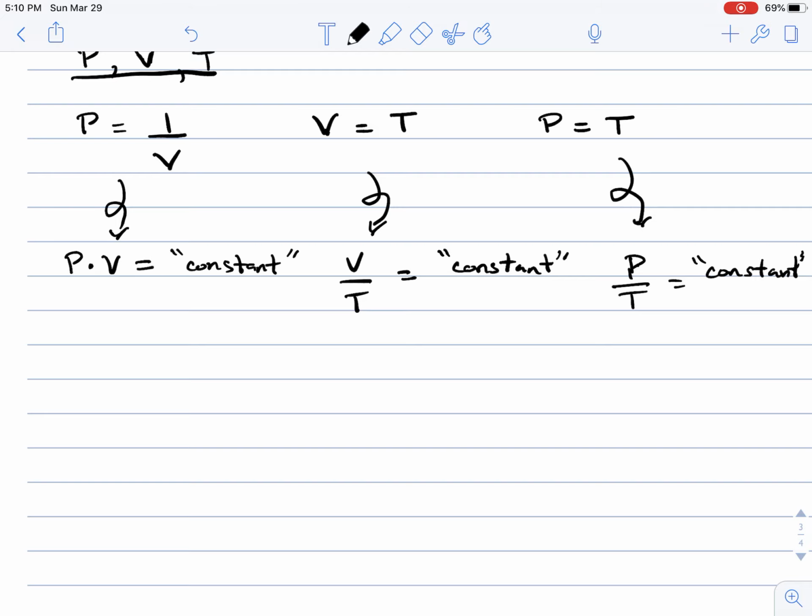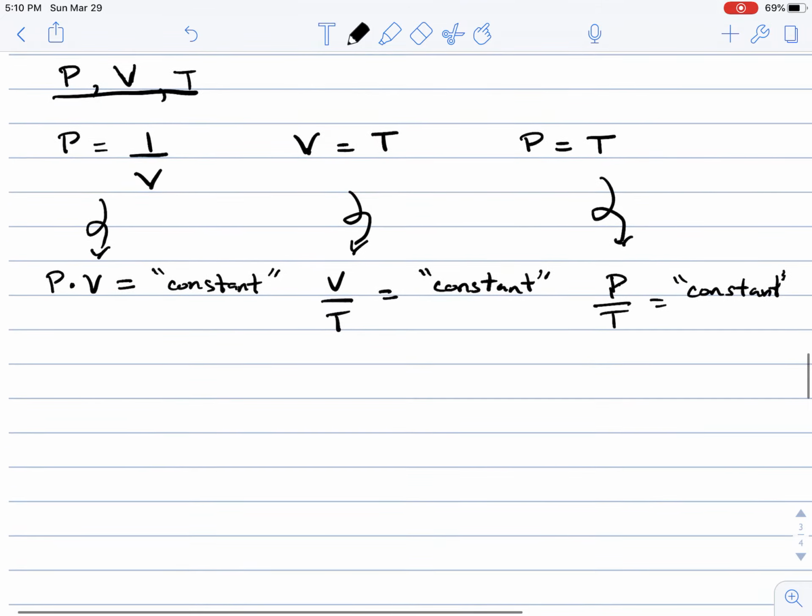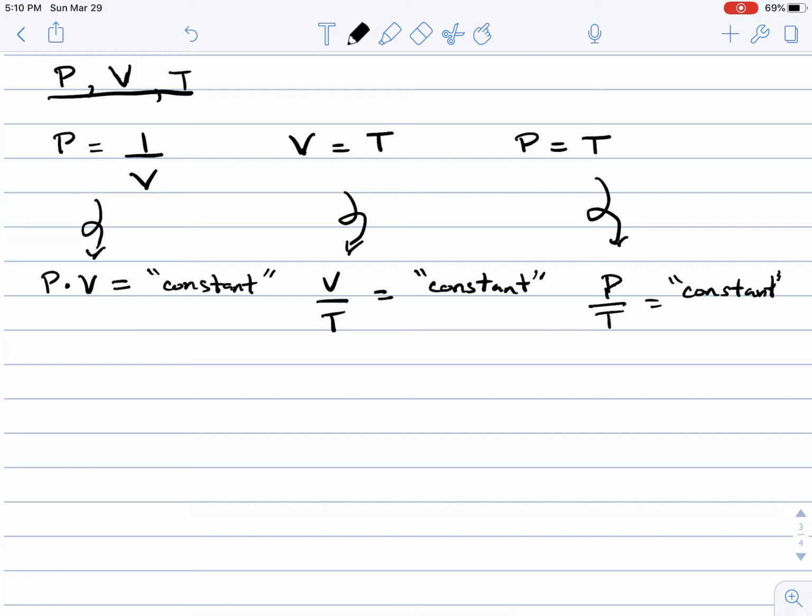And so what we can do is create a mathematical equation amongst these variables. If you look at the position, notice that both pressure and volume, and pressure, are all in the numerator.